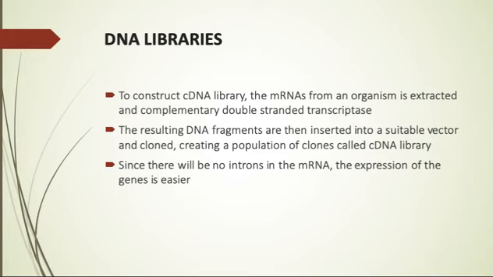Since there are no introns in the mRNA, the expression of the gene is much easier. So this is how to construct a cDNA library. DNA library is asked as a short essay, so you will have to write about both the genomic library and the cDNA library for this answer.